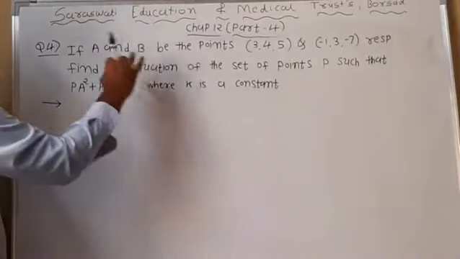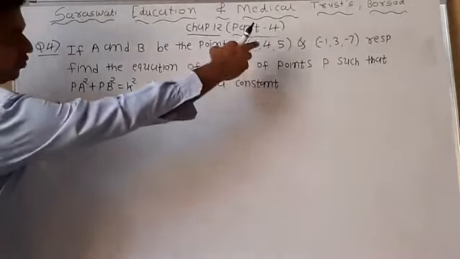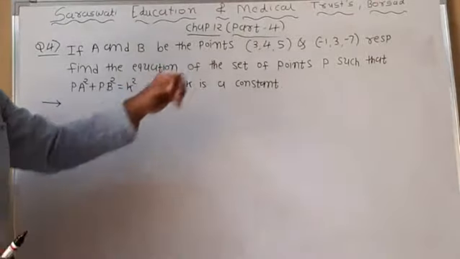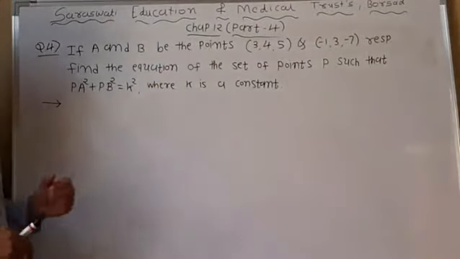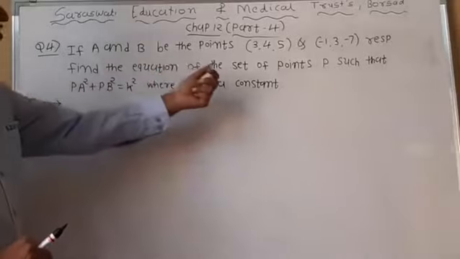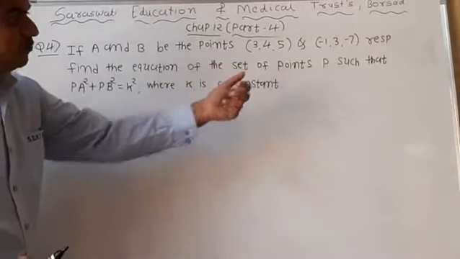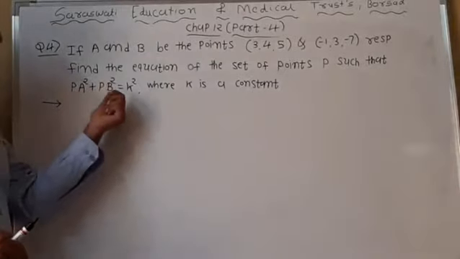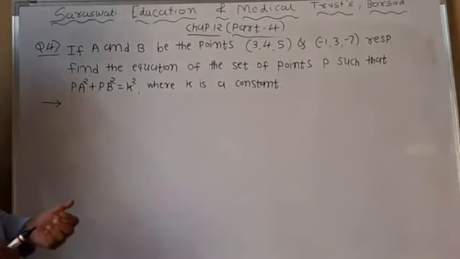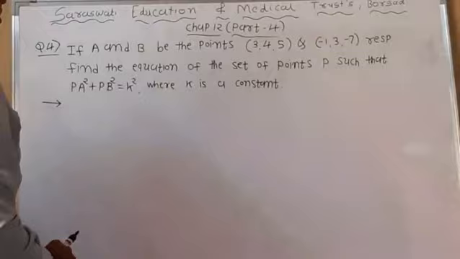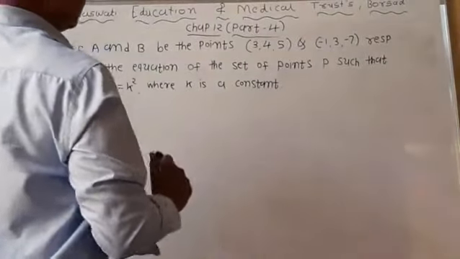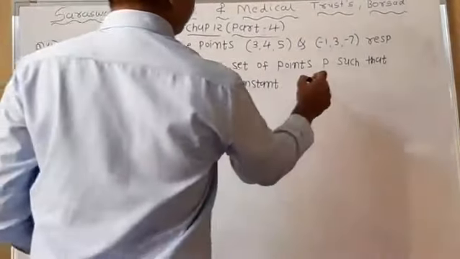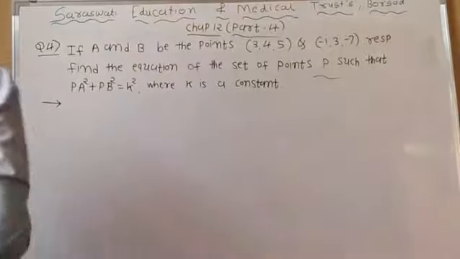Next question. If A and B are the points (3, 4, 5) and (-1, 3, -7) respectively, find the equation of the set of points P such that the condition PA square plus PB square is equal to K square, where K is a constant. Now here point P is not given in our question.